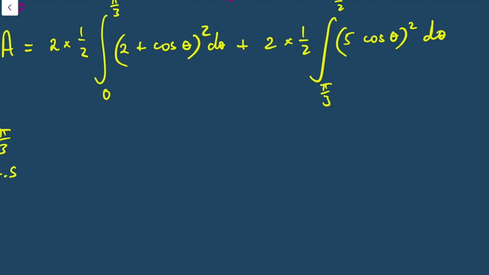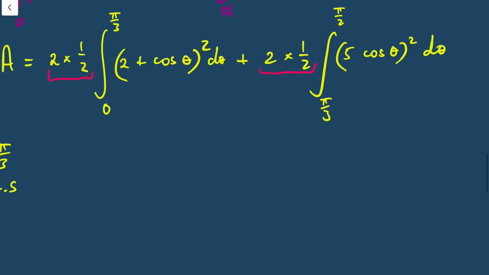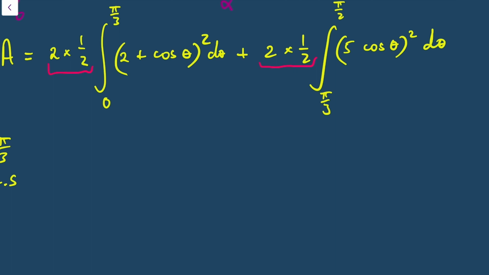So very nicely, in each case, obviously the 2 times a half will simplify and cancel down. So I'm going to end up having, let's just work this out step by step. It's going to simplify to the integral between 0 and pi by 3 of 4 plus 2 times cos theta times 2, so 4 cos theta, plus cos squared theta.